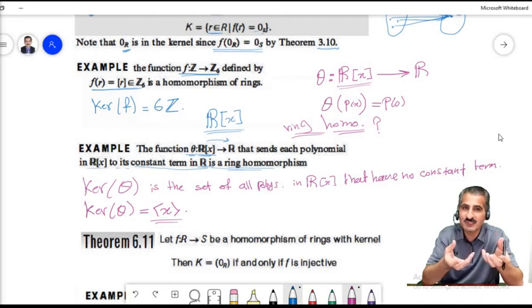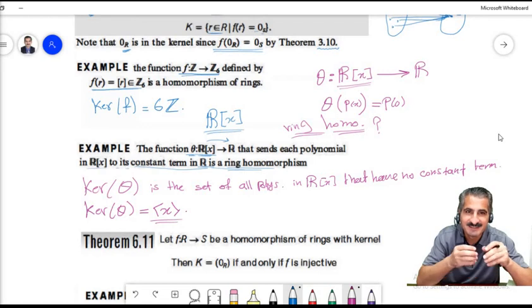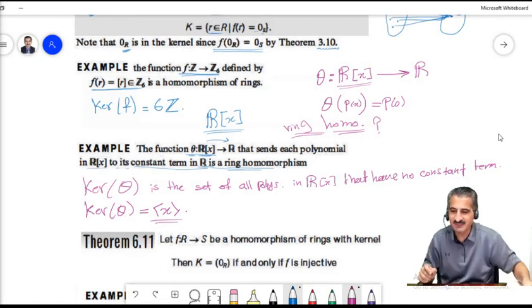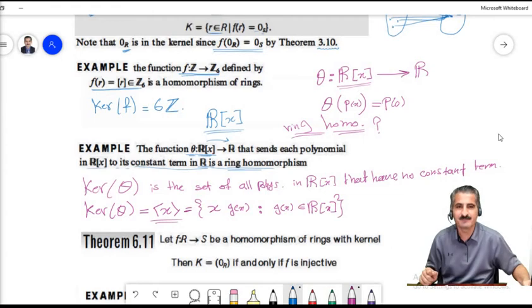So what I want to say is that any polynomial with no constant term is a multiple of x, right? And this is the principal ideal generated by x. So if I want to keep writing here, we mean by that x times j of x, where j of x is any element in the polynomial ring. Okay, so this is the kernel.